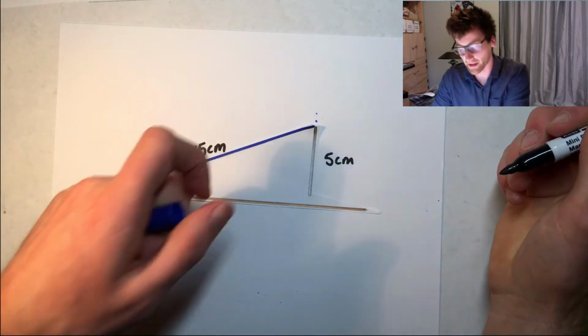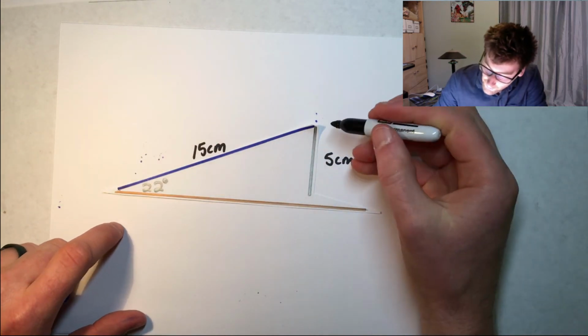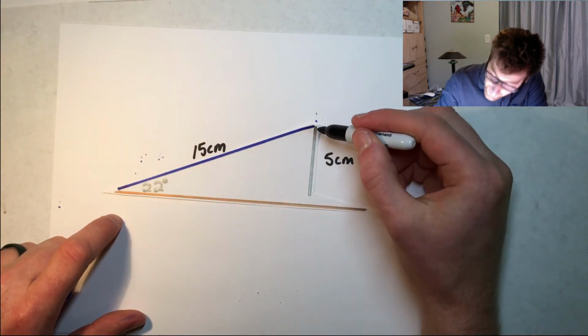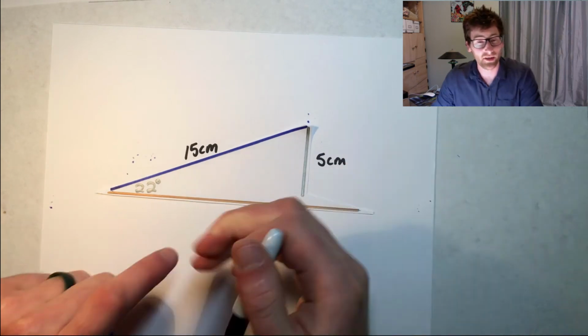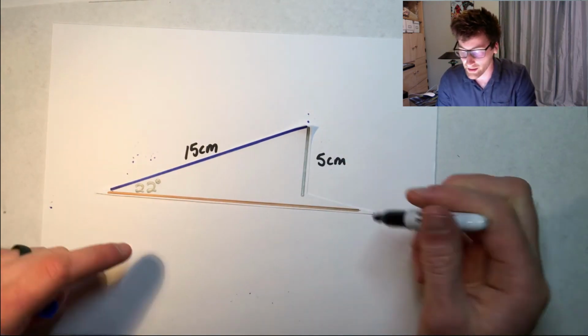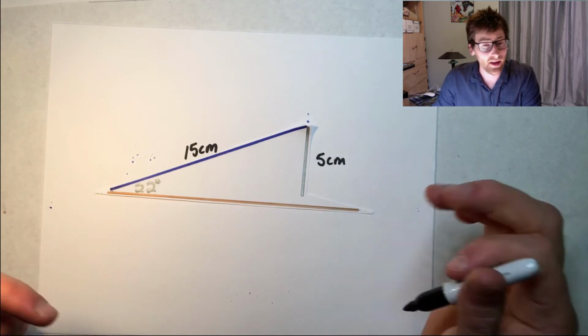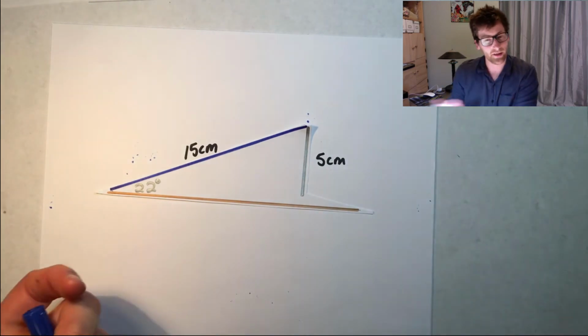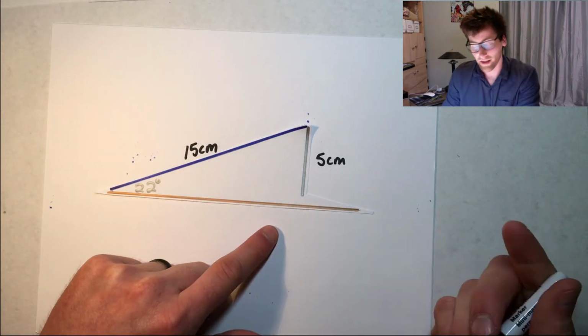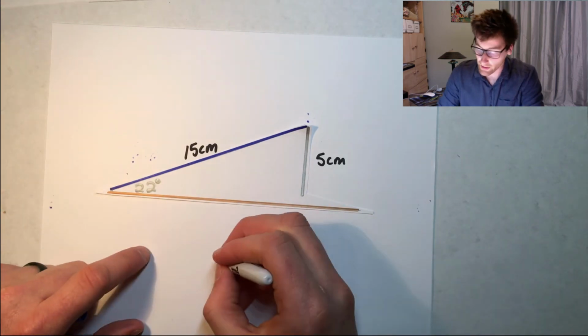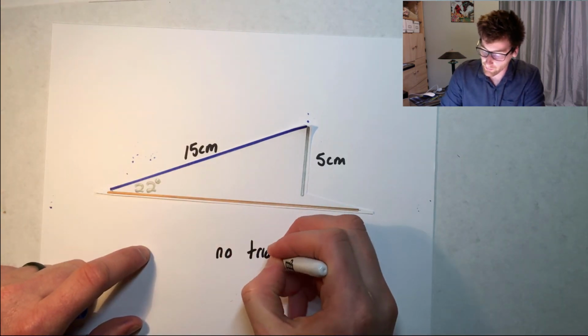This is the second case. If you look at how I drew it, this is actually 15 centimeters, this is actually 5 centimeters, and it doesn't actually reach this bottom line. Sometimes the second side can be way too small to actually reach the bottom there. And if that's the case, there's going to be no triangles.